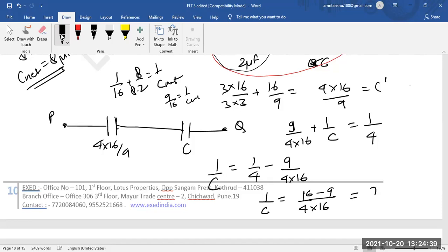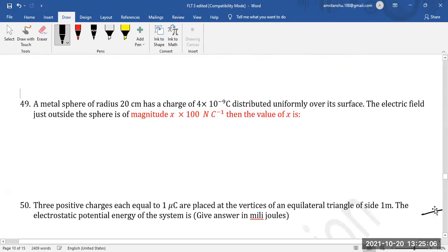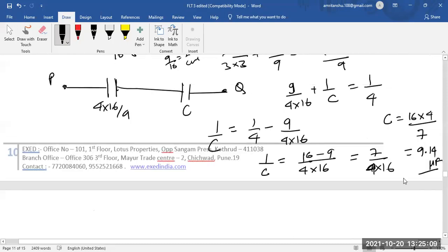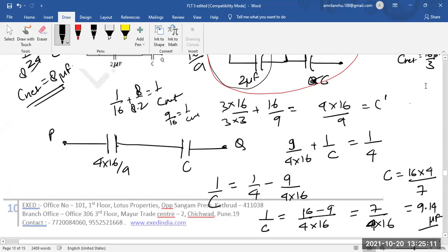This becomes 7 over 4 into 16. When you solve this, you get 16 into 4 by 7, which happens to be 64 by 7, which is 9.14. Okay, that's the whole solution for this.